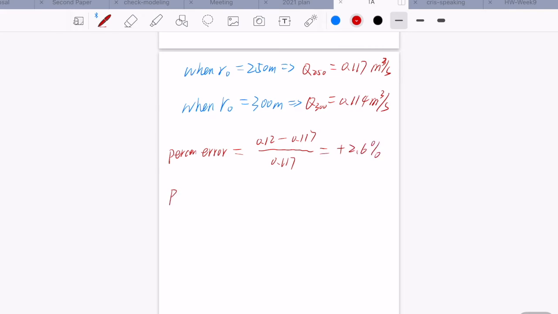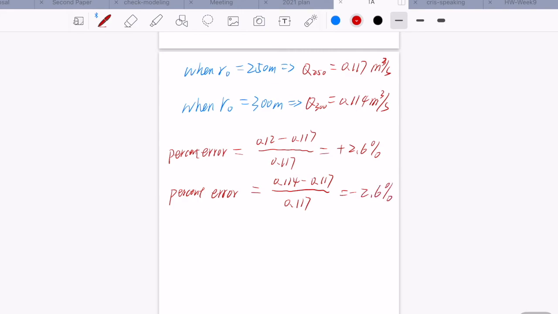The other percent error is 0.114 minus 0.117 divided by 0.117, so the value is negative 2.6%.